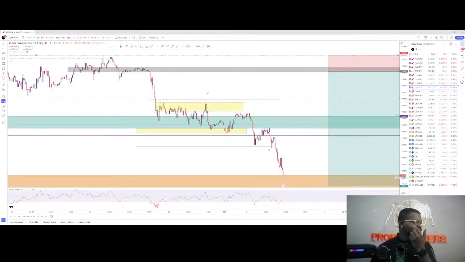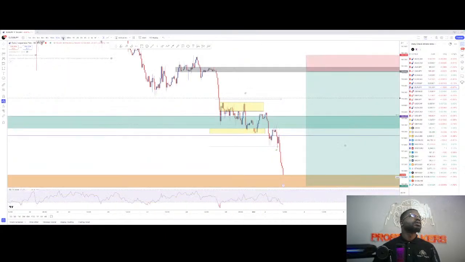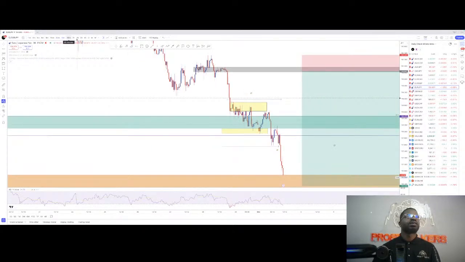Dang, your JPY is looking good. That's a nice move. Let's see if we got room to add to this position. Oh man. Yes, sir. Let's go.